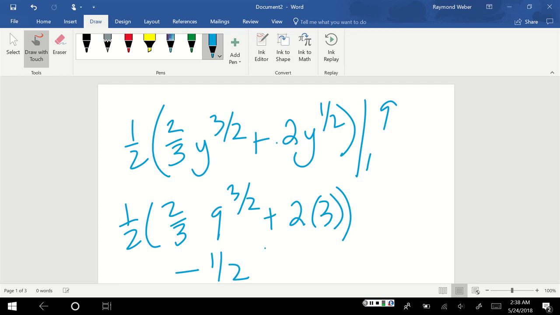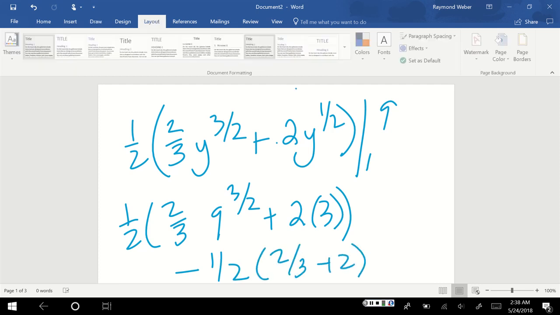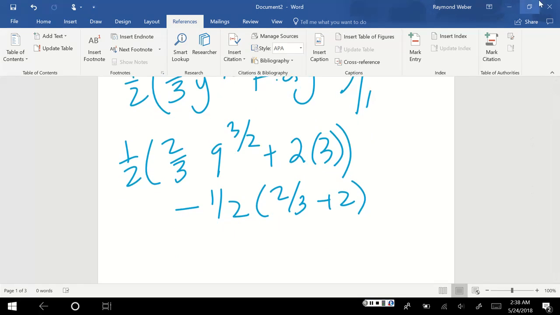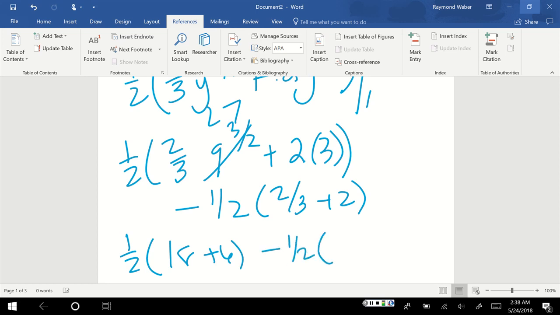Minus 1/2, well 2/3 plus 2. At this point, I would recommend get out your calculator. So 9 to the 3/2 is 27. So then I have 1/2. Those are going to cancel. So that's going to become 18 plus 6 minus 1/2. Well, 2/3 plus 2 is 8/3.